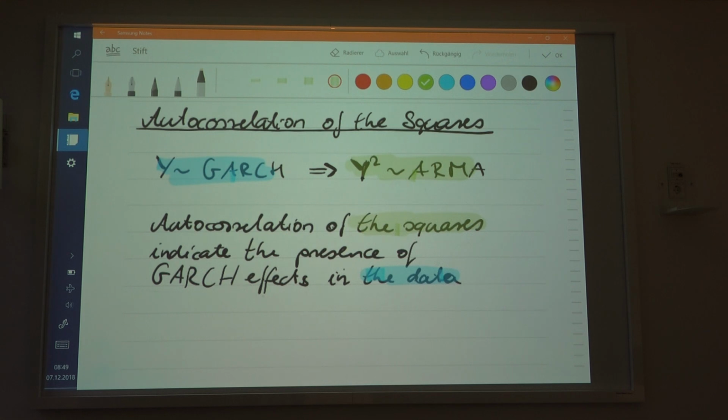That's what we do, as I told you before. Why? Because GARCH implies an autocorrelation of the squares. That's relatively easy, and then you can examine whether or not there are GARCH effects in the data.